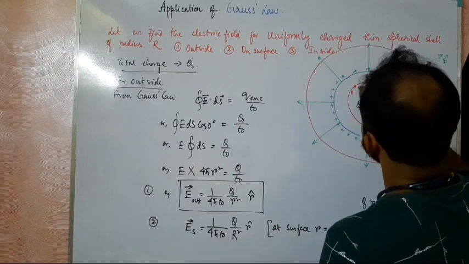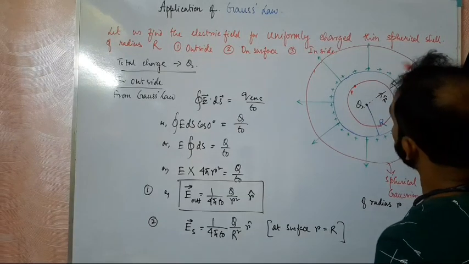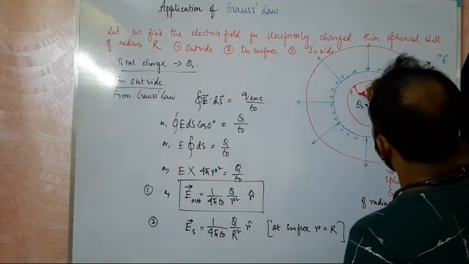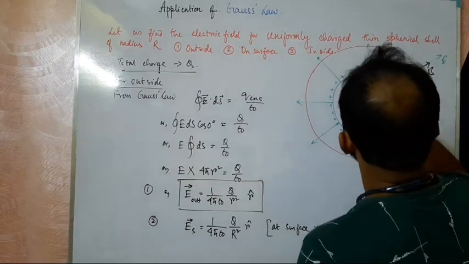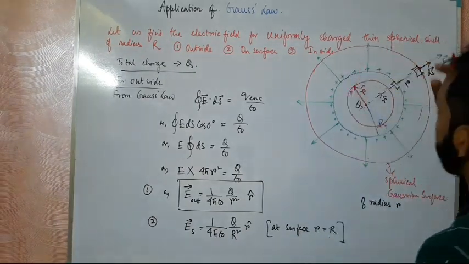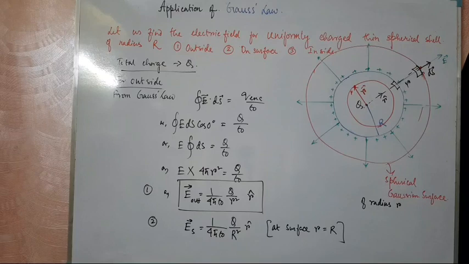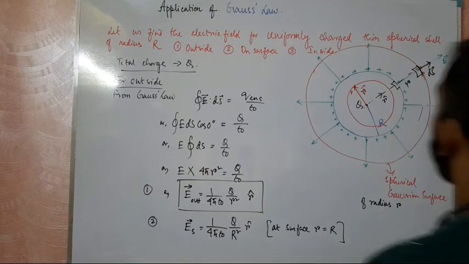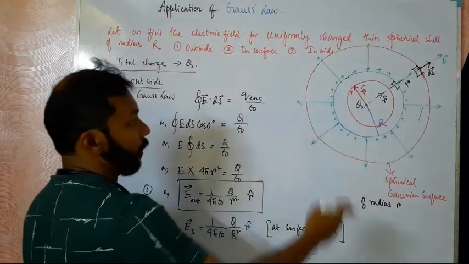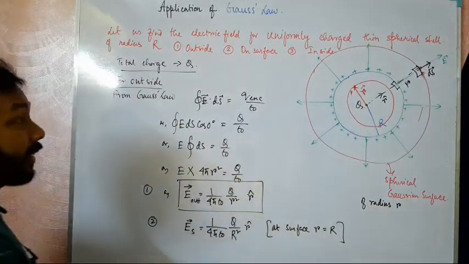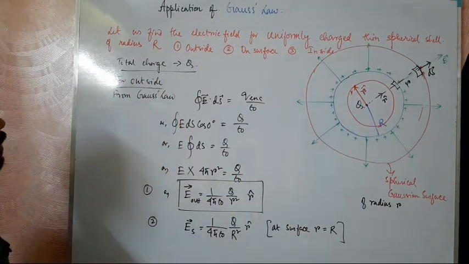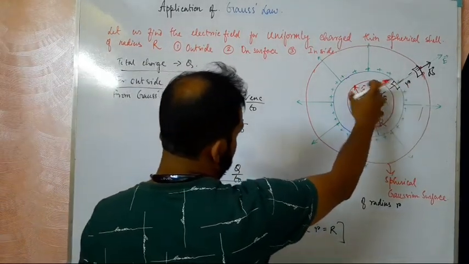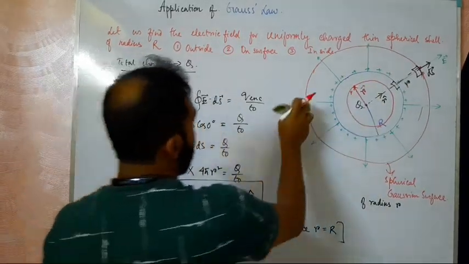For that purpose, we need to take a new Gaussian surface, and suppose now r is this amount of radius, passing through the very point where we have to find the electric field inside the sphere.